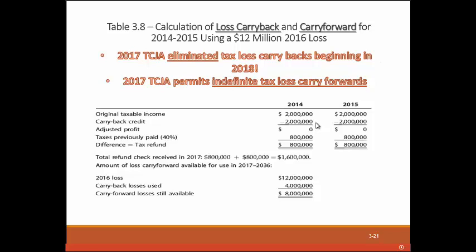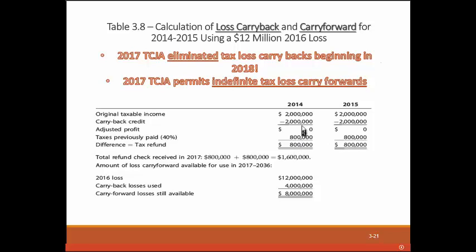So with a $4 million net operating loss, $2 million of it could be used to offset 2014 income, and the remaining $2 million could be used to offset 2015 net income, so that the adjusted taxable income for these 2 years would be zero.